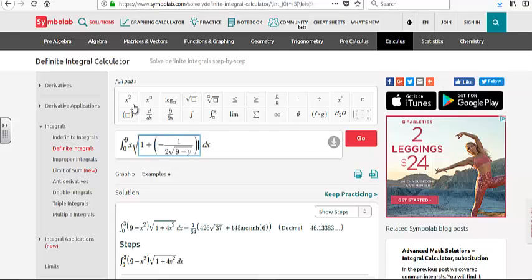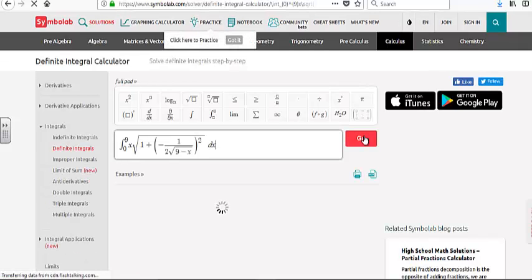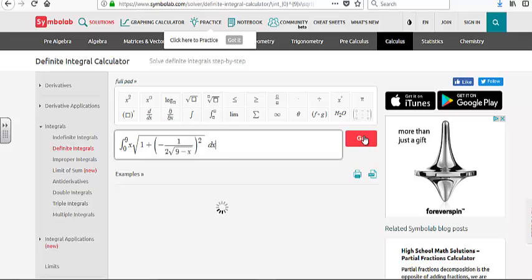Oh, I don't square it twice. What happened there? Okay, delete that. So I think that's right, except I need to put x in there, not y. Okay. So I got the integral from 0 to 9 of x times the square root of 1 plus -1 over 2, the square root of 9 minus x, quantity squared, the whole thing square root times dx, and I say go, drum roll, and if I did everything right, I should get 41 point whatever the answer was.